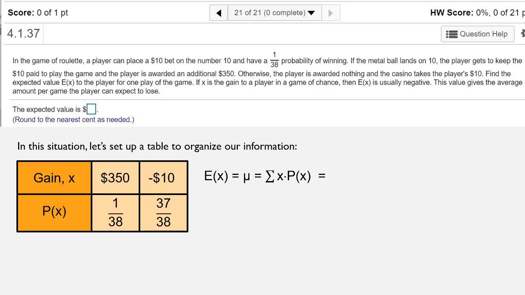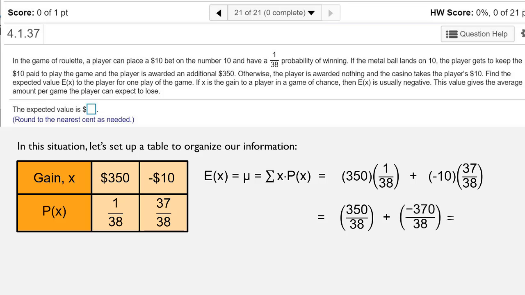According to this process, the expected value is the mean of a probability distribution. We find it by doing x times the probability of x. So here we're going to do 350 times 1/38 plus negative 10 times 37/38. When we multiply these out, we get 350 over 38 minus 370 over 38, which is negative 20 over 38.